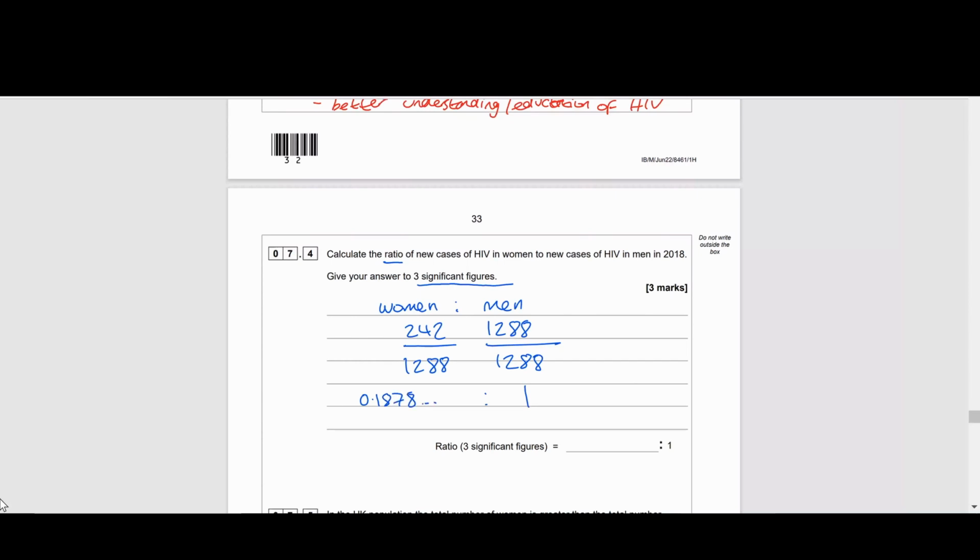It keeps going. However, as it says 3 significant figures, we can only have 3 values after our decimal point. So we'll have 1, we'll have 8. However, we need to round it because it's greater than 4. So then it would be 0.188.